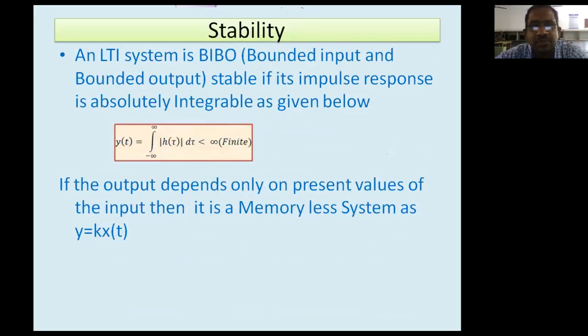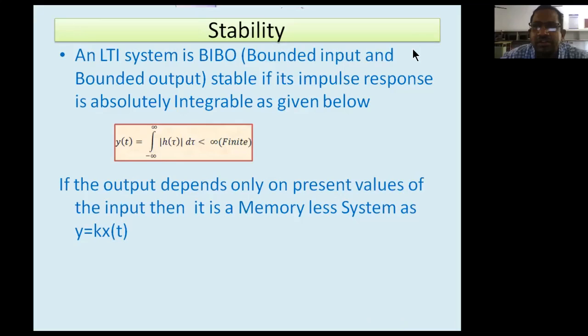And another system property is stability. A system is known as a BIBO system. What is BIBO? It is called bounded input, bounded output. An LTI system is called BIBO stable if its impulse response is absolutely integrable.